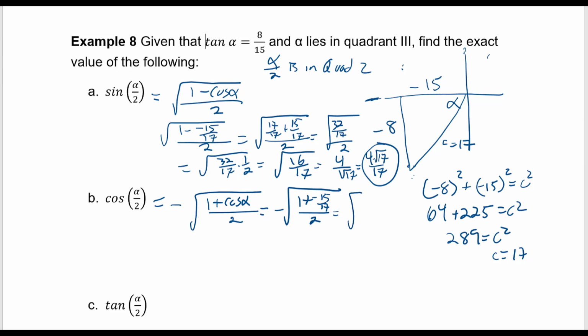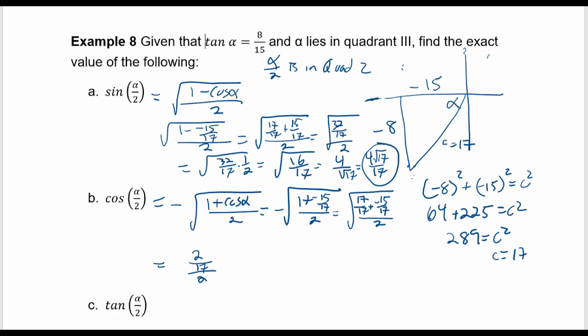So it's going to be the square root of 17 over 17 plus negative 15 over 17 over 2. So it's the square root of 17 and negative 15 is 2 over 17 over 2.